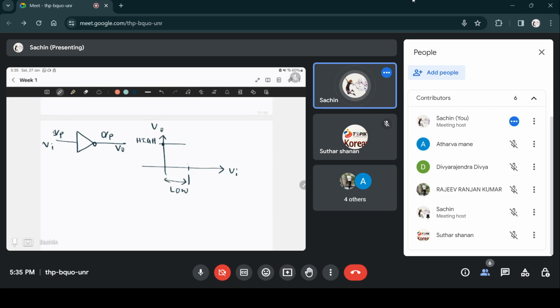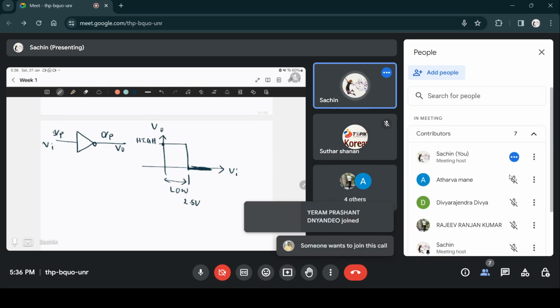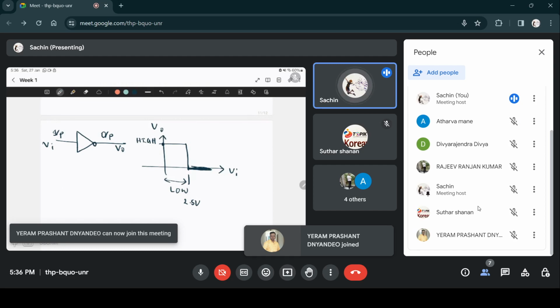And if your input crosses this threshold, let's say this is 2.5 volts, your input goes above 2.5 volts, you will consider it as high, and you want an output that is low. So it should be something like this. This is the input-output relationship that you want in your circuit. Did you understand this part?